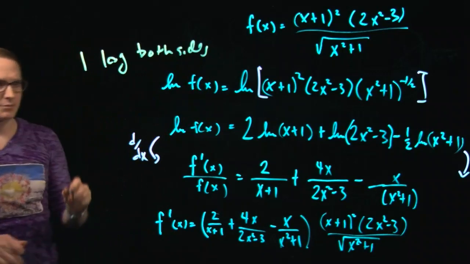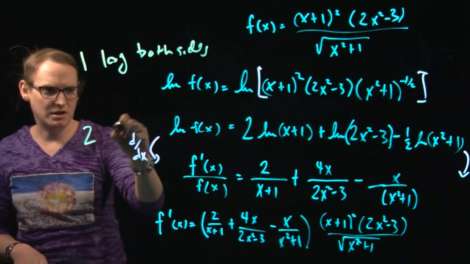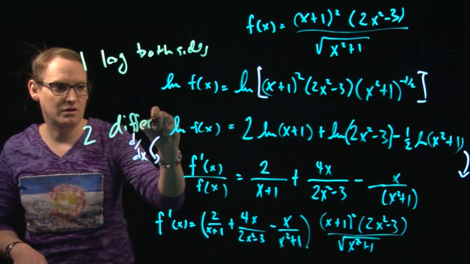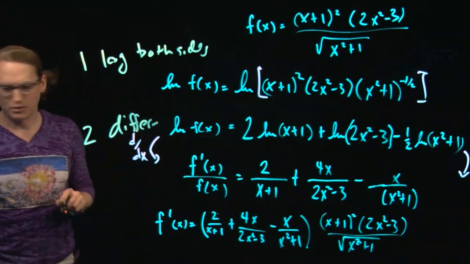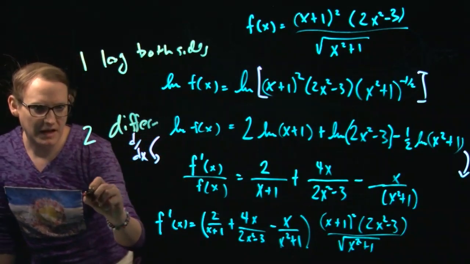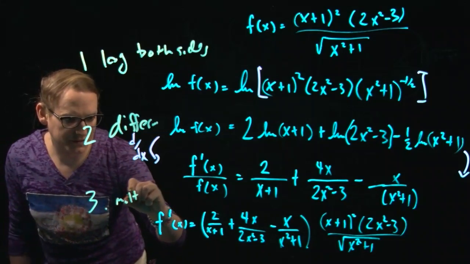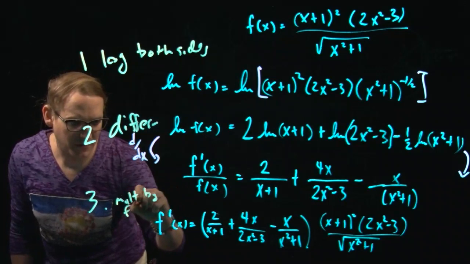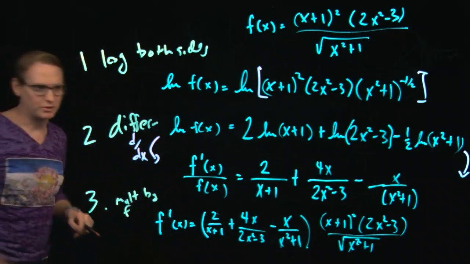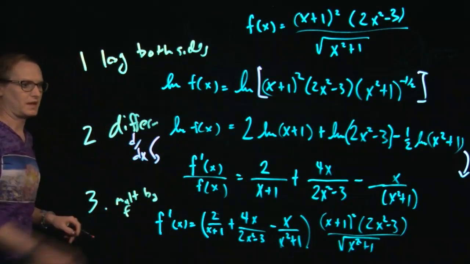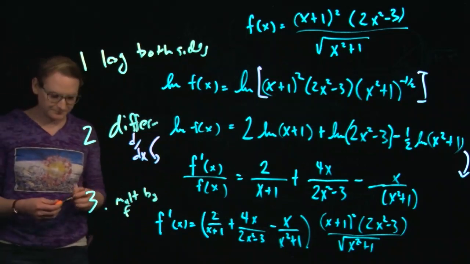And then step 2 is differentiate. There's no way I'm going to squeeze the whole word in there. And then 3 is multiply by f on both sides to clear the denominator on the left-hand side, and you've got yourself the derivative.